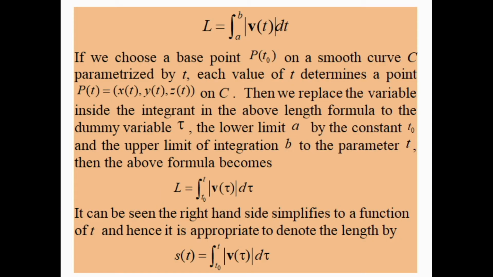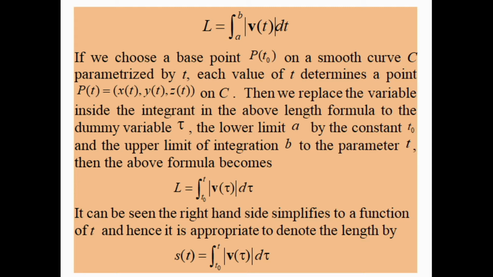If we choose a base point P of t naught on a smooth curve C parameterized by t, each value of t determines a point P of t is equal to x of t, y of t, z of t on C. Then we replace the variable inside the integrand in the above length formula by the dummy variable tau, the lower limit a by the constant t naught, and the upper limit of integration b by the parameter t.